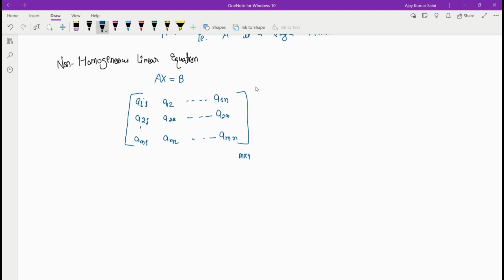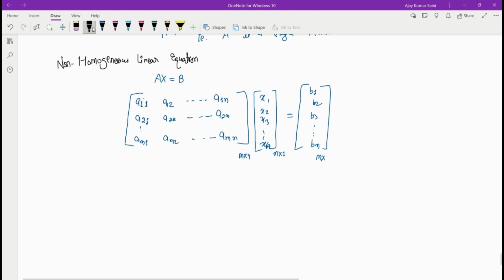There is another matrix of the order n by 1: x1, x2 till xn, equal to b1, b2 till bm, also of order n by 1.